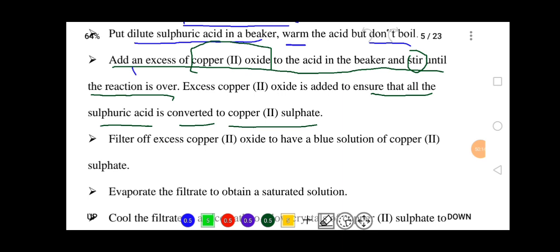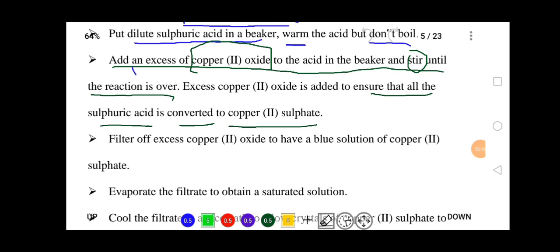So I was trying to explain how you are going to tell that the reaction between sulfuric acid and copper 2 oxide is over. How are you going to know? You need to understand that this copper 2 oxide is black in color, and when you add it to sulfuric acid, it is going to make that acid also look black.